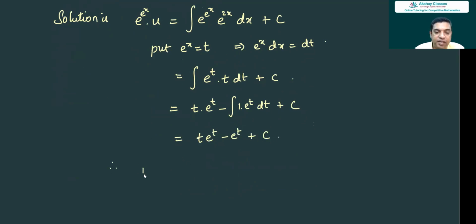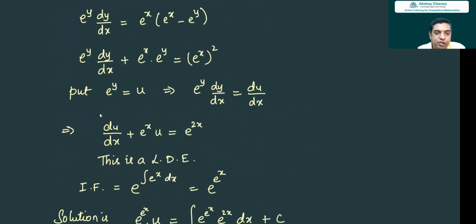Therefore, we get u times e power x is equal to e power x into e power x minus 1, that is, e power t we can take common, t minus 1, plus c.